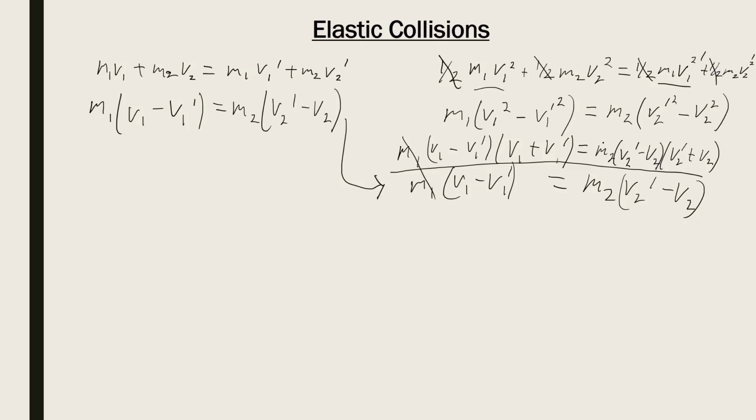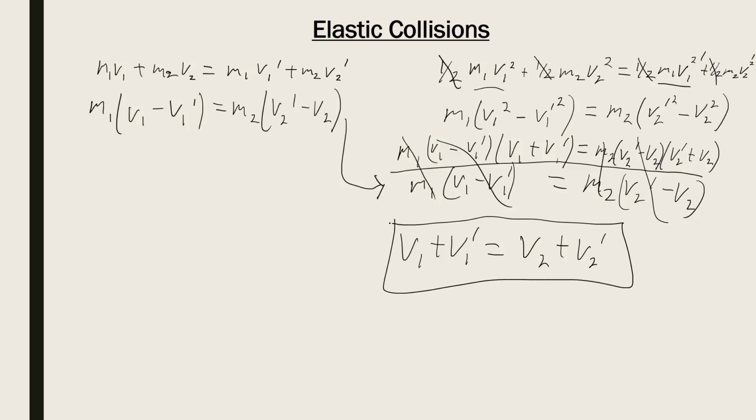We can cancel out the m's, and we can cancel out all of this stuff, and we just end up with one nice little expression here: v1 plus v1 prime equals v2 plus v2 prime. Switch the order there, but there you have it.